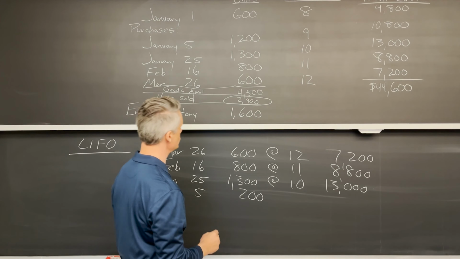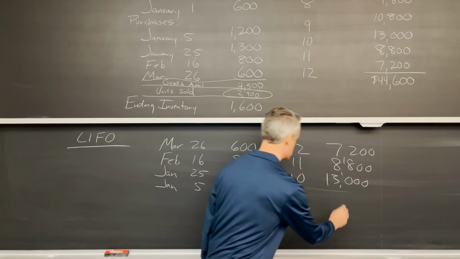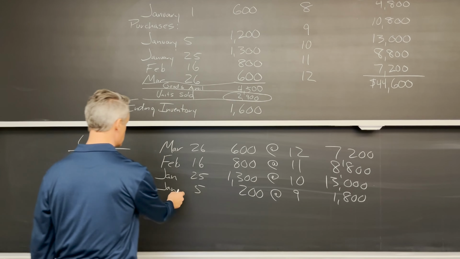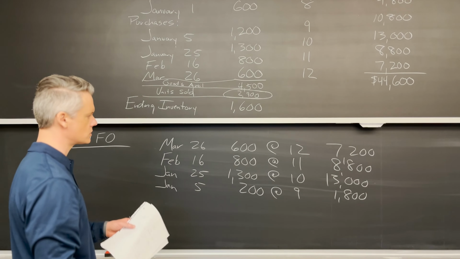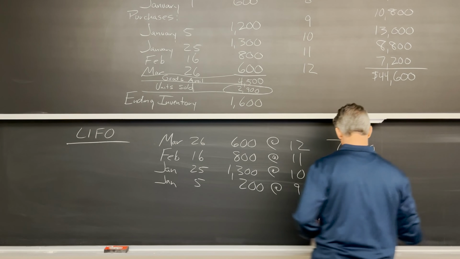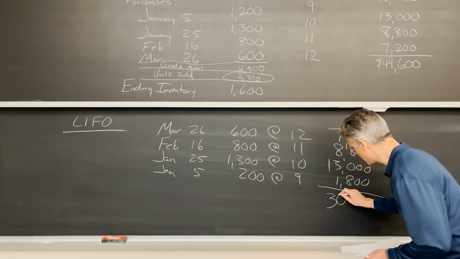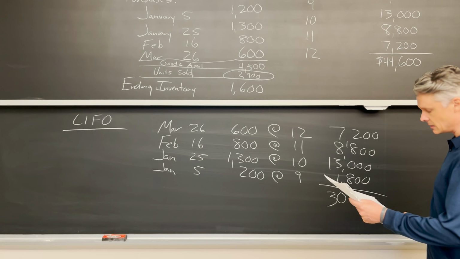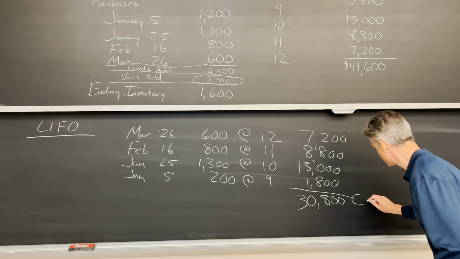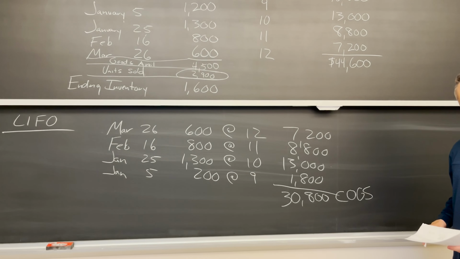And those units cost us $9 a piece. Cost of goods sold related to the January 5th purchase amounts to $1,800. So total cost of goods sold under last in, first out comes to $30,800.